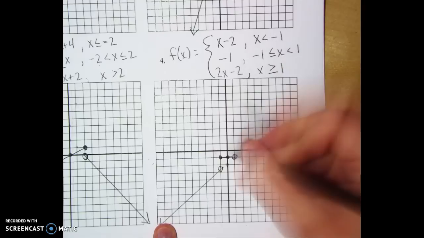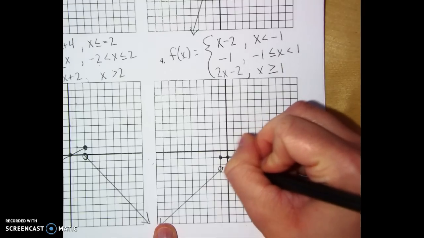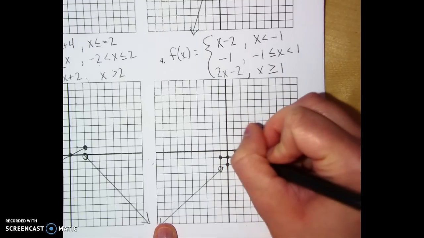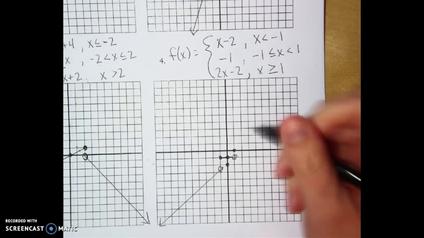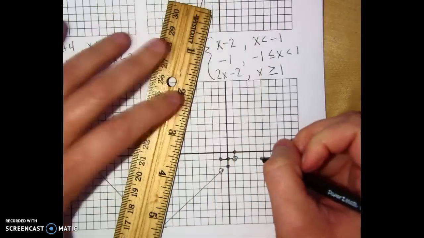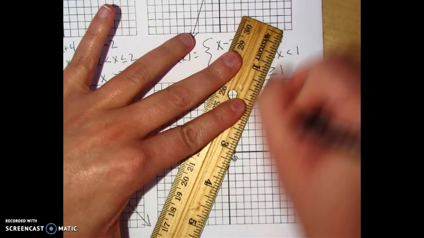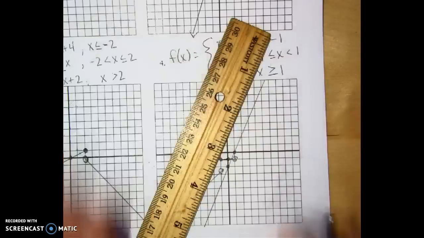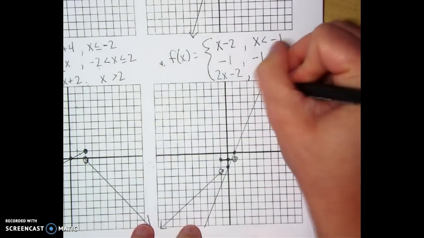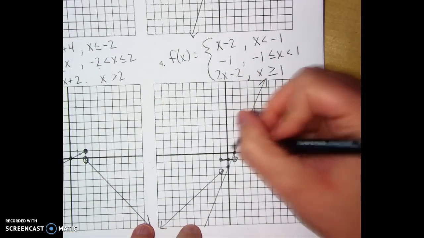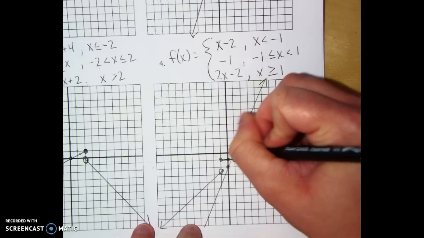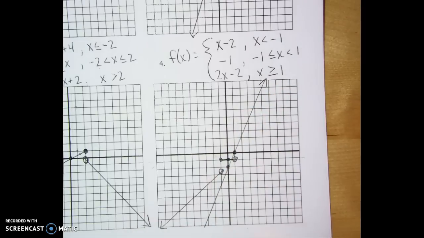And the last line, you start at -2, go up 2 over 1. And you need a closed circle at 1, which I already have, and I need to get rid of everything on the left.